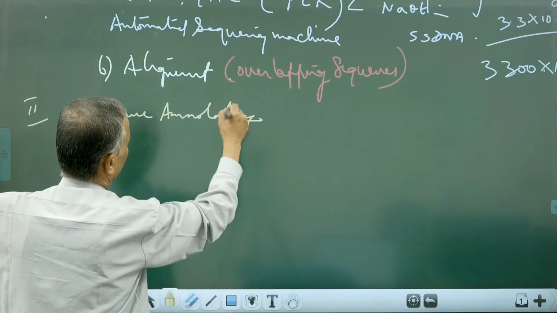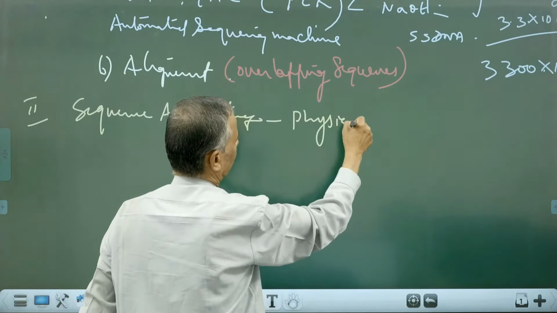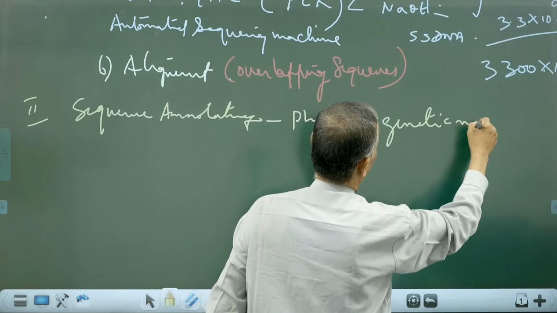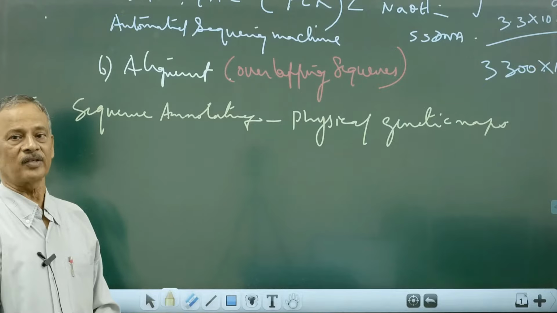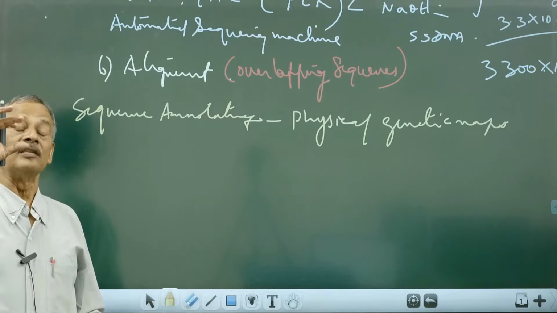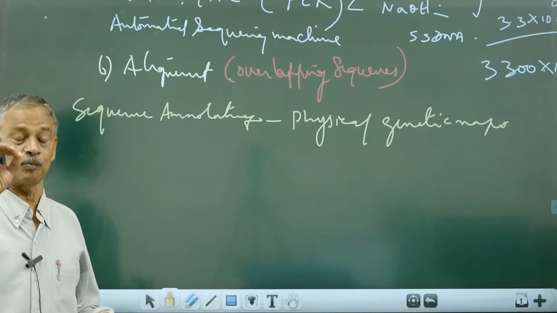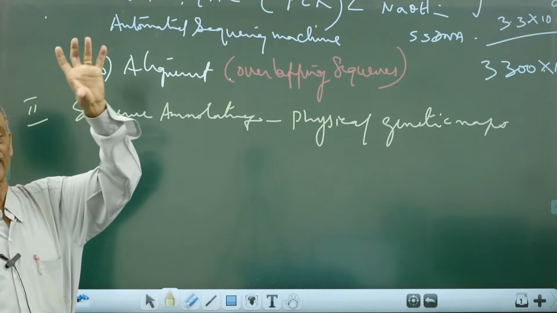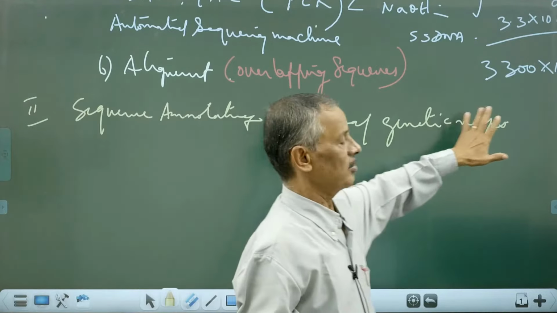We are making a physical map and a genetic map. We are marking the position of a particular gene, what is the size of that gene, and what genes are present in a chromosome, etc. That is what is called physical mapping or genetic mapping.